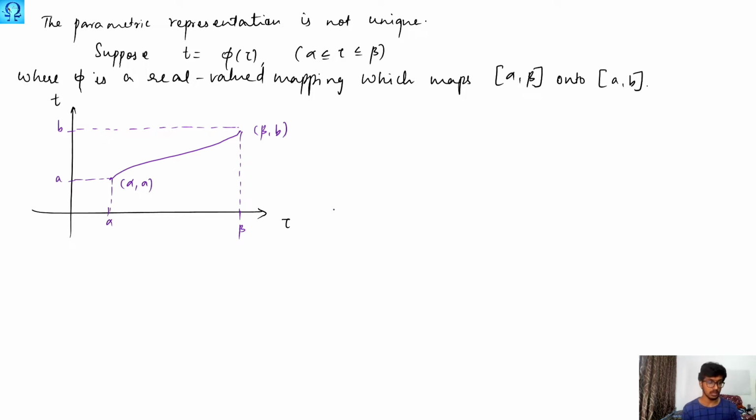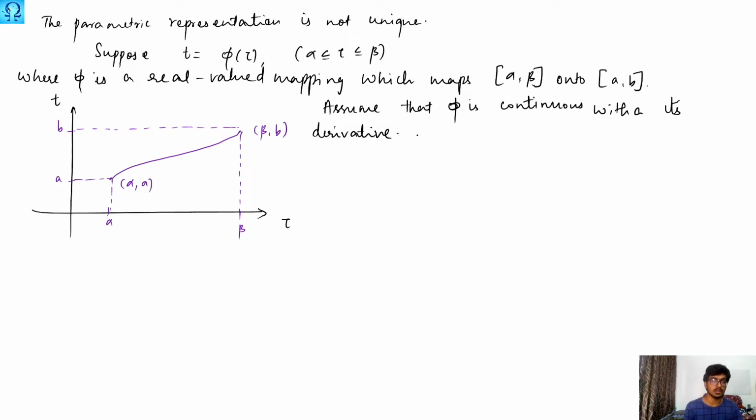Here one more assumption has to be made, that is, the function phi is continuous with a continuous derivative. So your function phi has to be continuous, as well as the derivative of this function phi, that is phi prime, is also continuous.